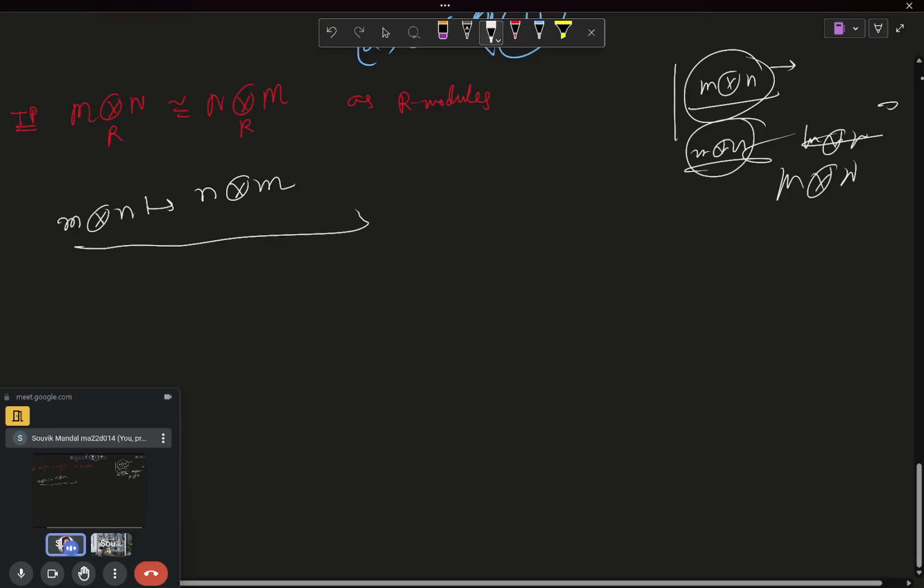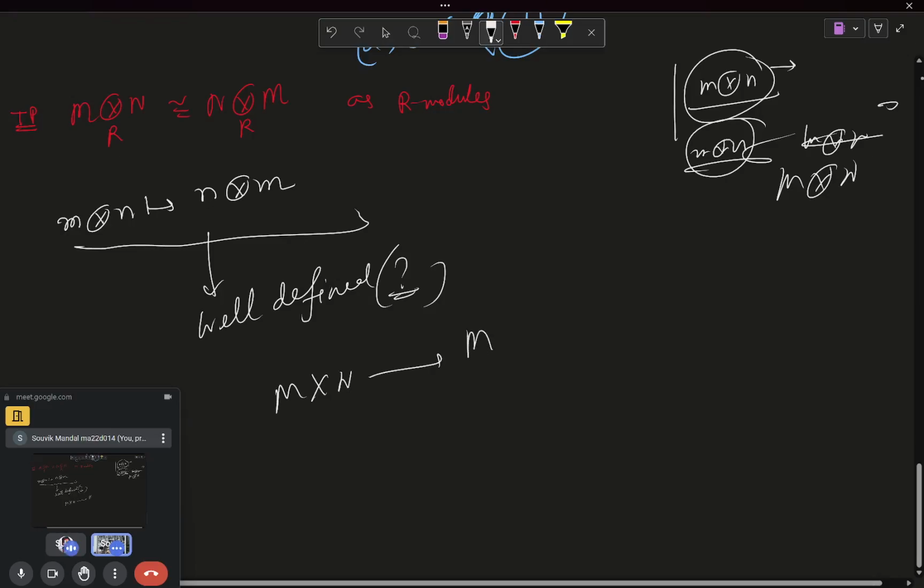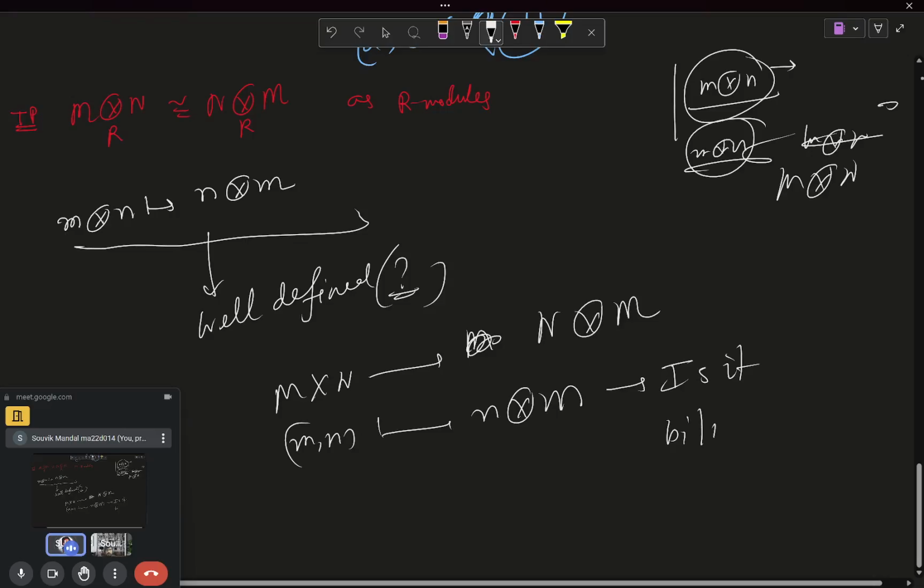Now first check whether this map is well defined or not. For well defined, what you need to do is first consider the map from M cross N to N tensor M. Check whether it is bilinear. If it is bilinear, then the map defined on the tensor product is well defined, right?